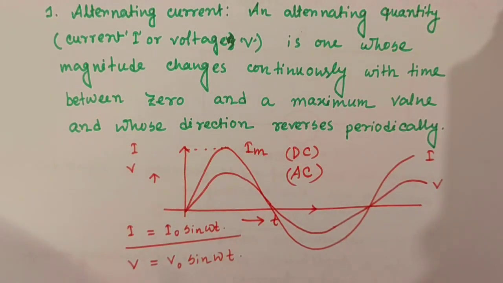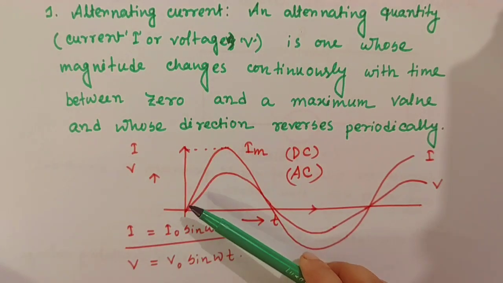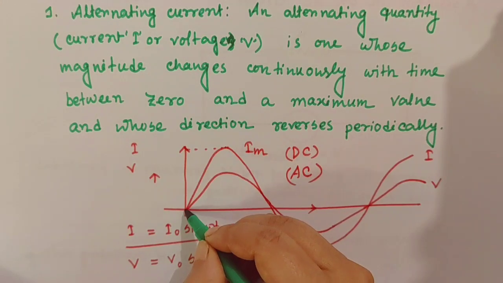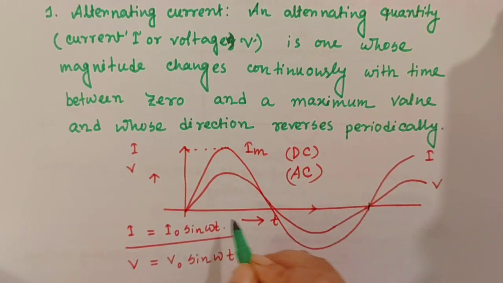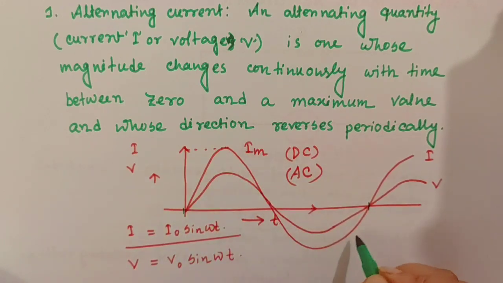Now it can be noted that during one complete cycle, so what is one complete cycle? Suppose it starts from here and ends here. So from here to here is one complete cycle. During one complete cycle, the current is maintained in one direction for the same amount of time and with the same magnitude as in the opposite direction.